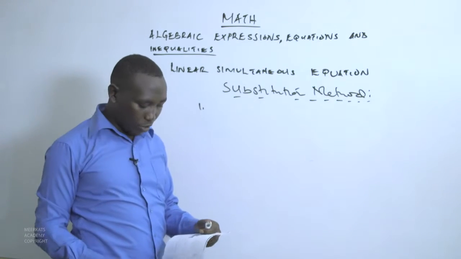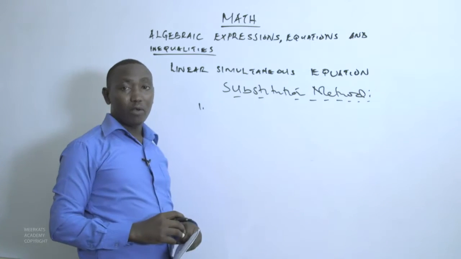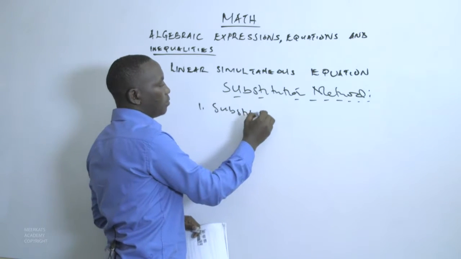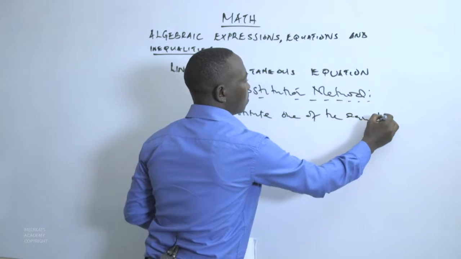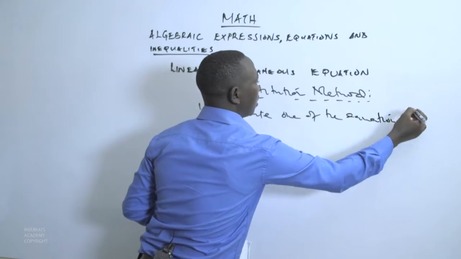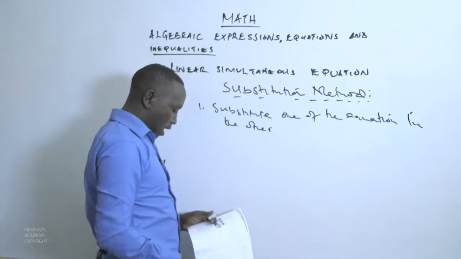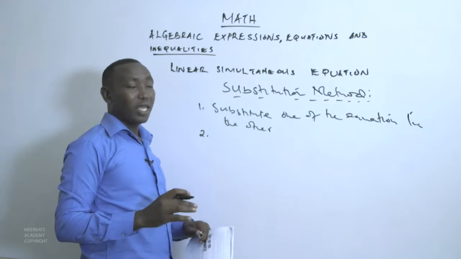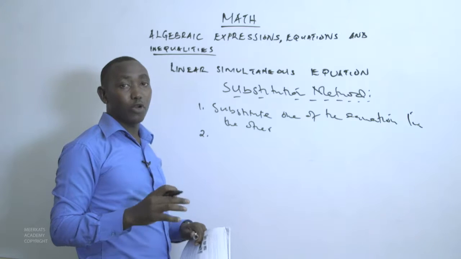The first step, step number 1, is we substitute one of the equations in the other. After substituting, you will get the solution of the first pronumeral.